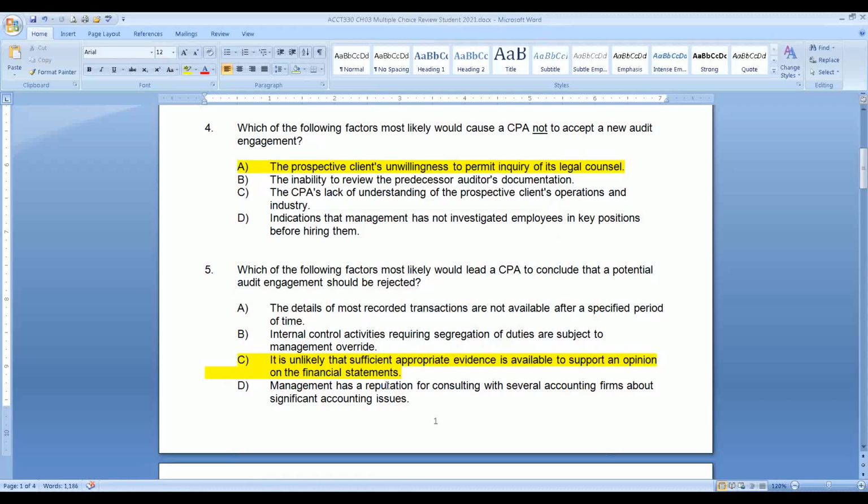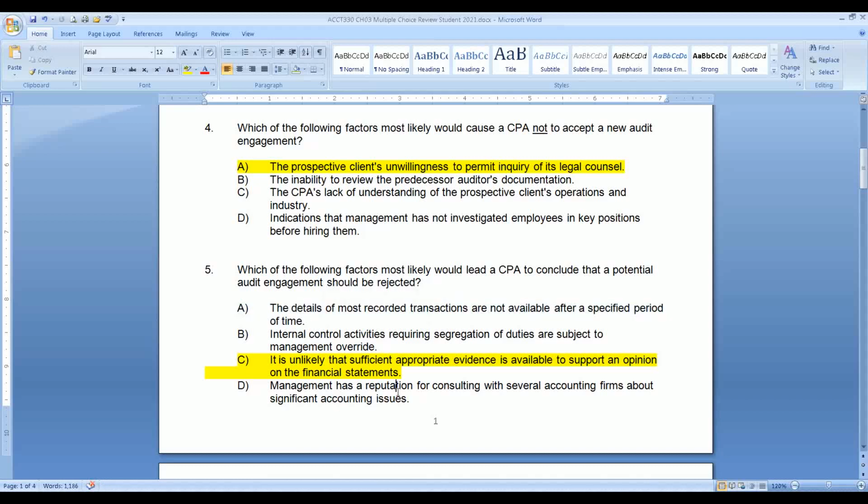The whole point of the audit is to form an opinion. So if you don't get that, that's your biggest problem. You won't be able to complete it. Some of this other stuff, detailed transactions not being available at a specific period of time, this could be a problem too. That's a reasonable one.